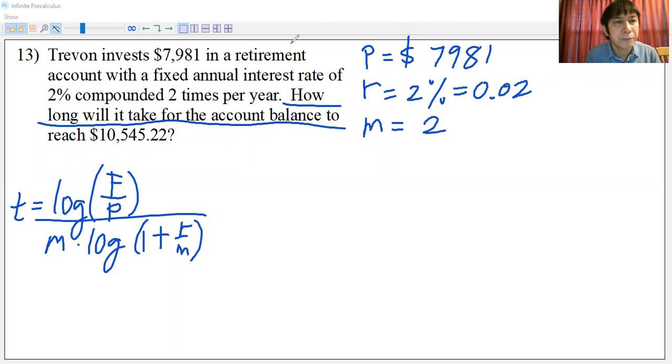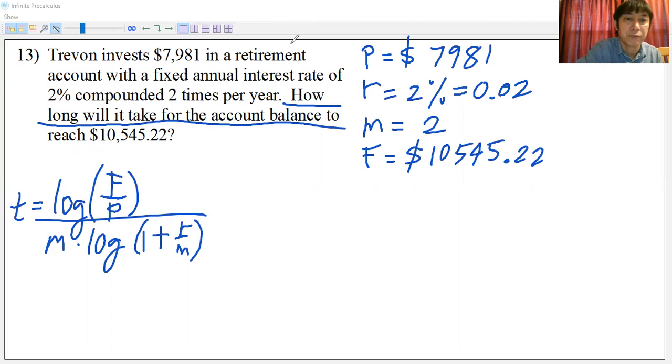Then we're looking for time. We have to find the time to reach the amount F. Our F is given, $10,545.22. All right, direct substitution. We're going to use this formula.